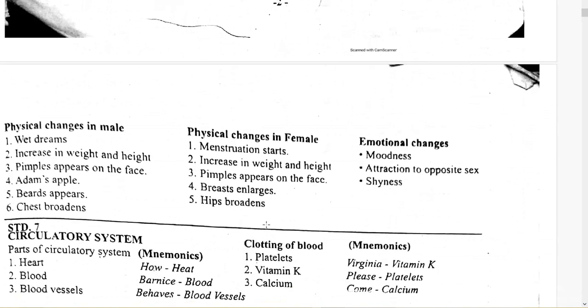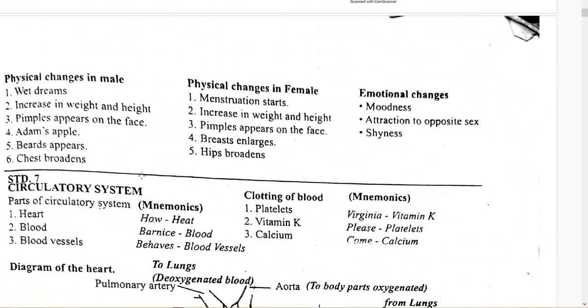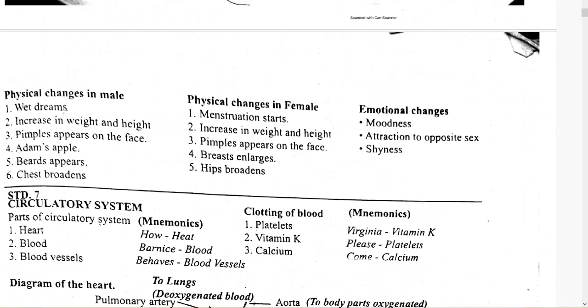So physical changes during adolescence in the body of a girl and a boy. Physical changes in male: wet dreams, increase in weight and height, pimples appear on the face, Adam's apple, beards appear, chest broadens.